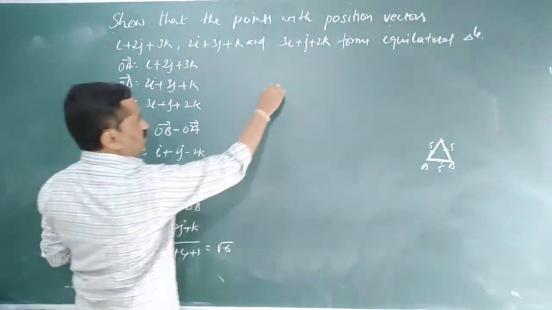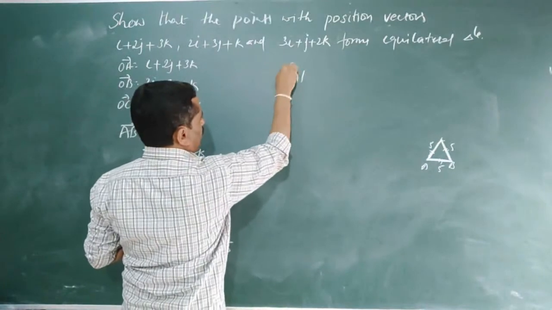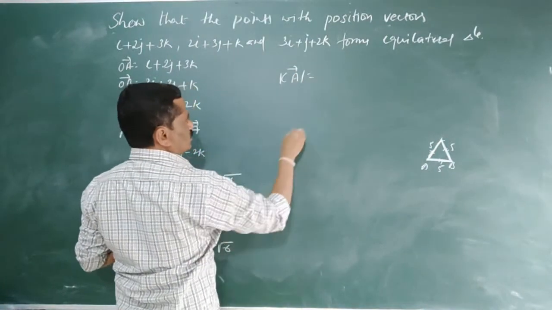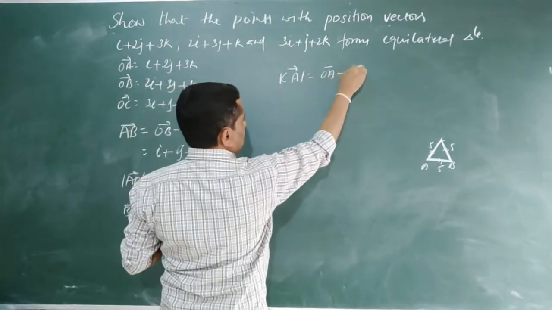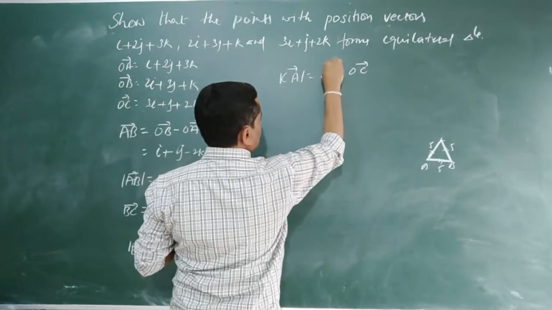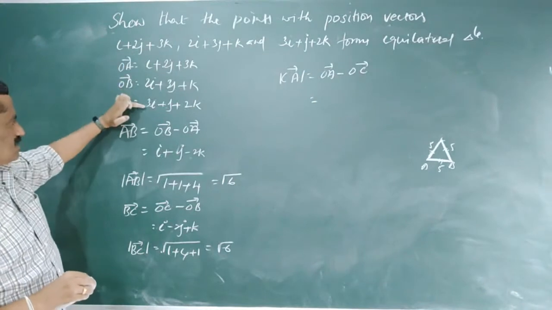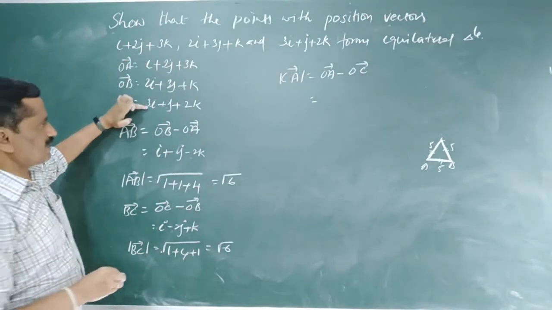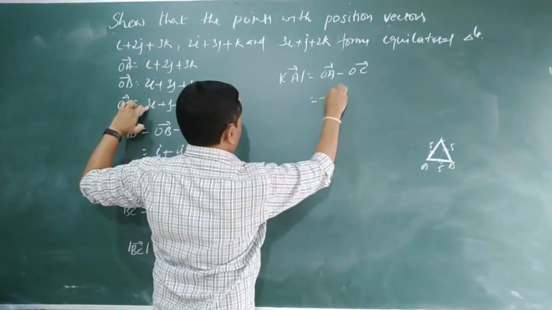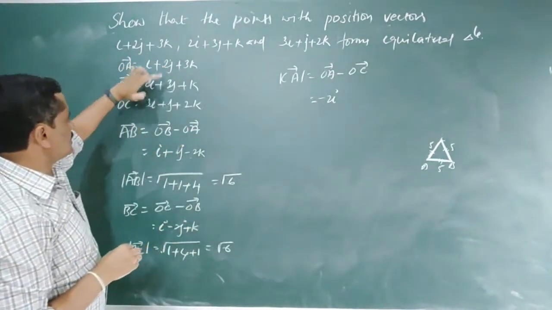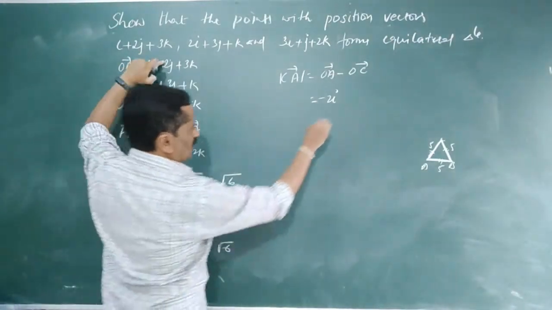Again we need to find CA bar. Therefore CA bar is equal to OA bar minus OC bar. That is equal to this minus this. We have 1 minus 3, that is minus 2i. Again 2 minus 1, we have 1j.